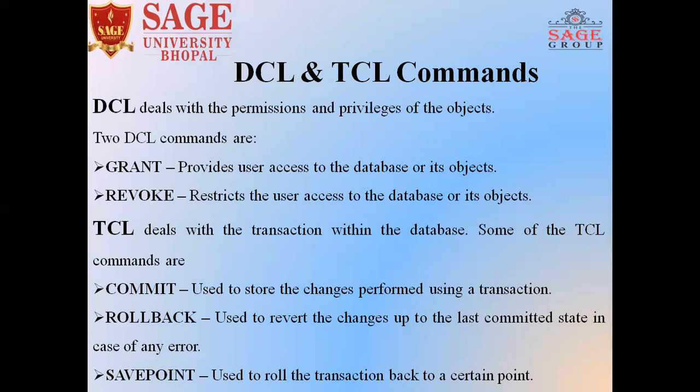And the savepoint command is used to roll the transactions back to a certain point. That means if we have saved the database state at a particular transaction, and if you want to return to that point, we use the savepoint command.